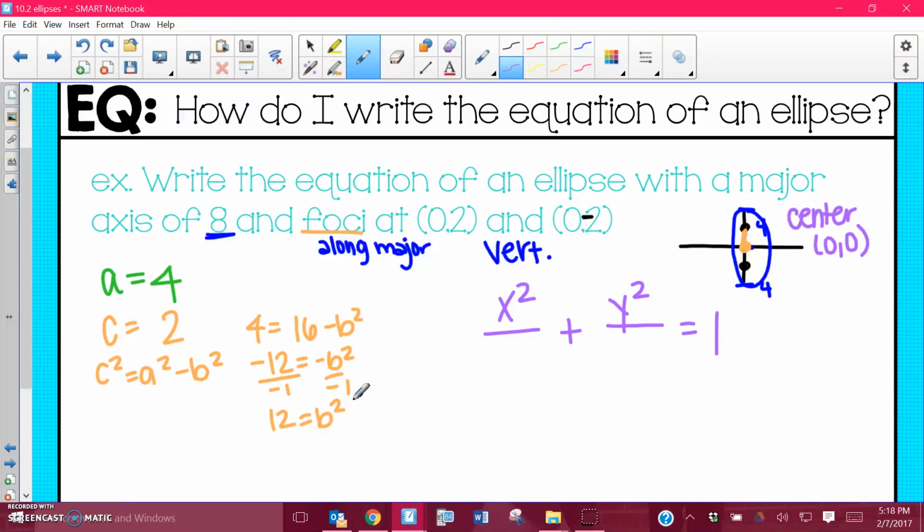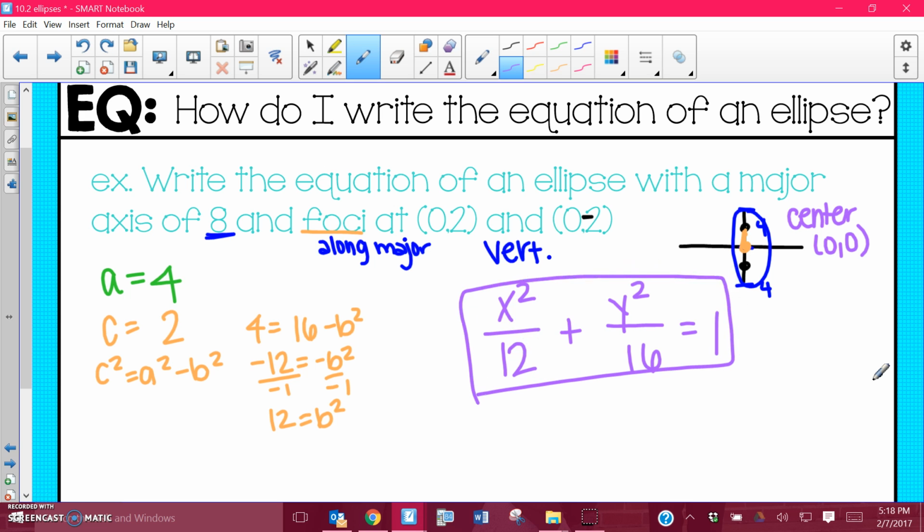And that's always going to equal 1. Okay, so my major axis here is 4, and that's going to go underneath my y because it's tall and not fat. So 4 squared is 16. My b squared then is going to go underneath my x, and that's my equation. Okay, and if you flip-flop where the things are, that's fine. If you said y squared over 16 plus x squared over 12, that's still correct.